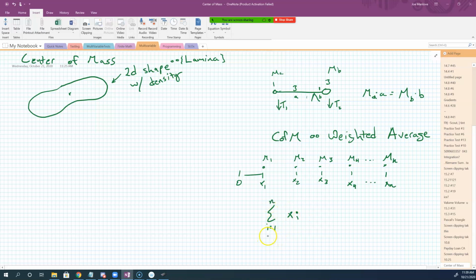Right, so I'd add up the distances and then I'd divide by the total. Now, in a weighted average, I should add up the, what am I weighting by? I guess I should properly call this a mass average rather than a weighted average. So I'm going to add up mi times xi, and then I'm going to divide by the total mass.